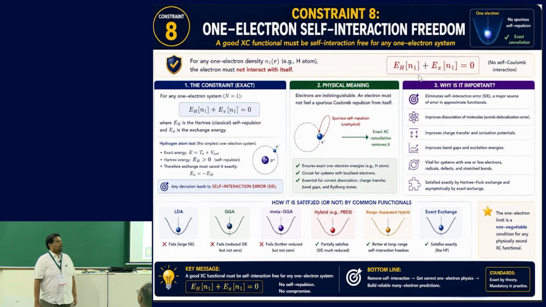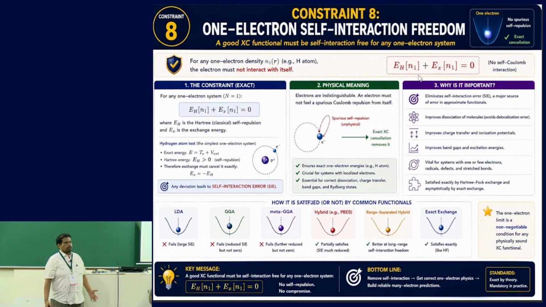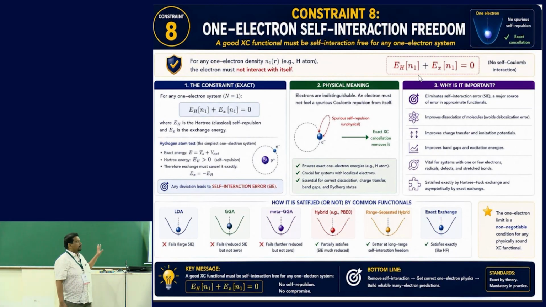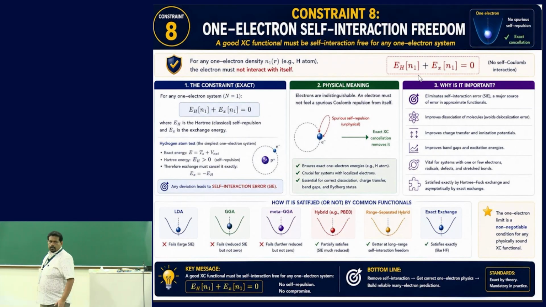But you have to look at whether your functional is behaving properly with respect to all these constraints. You can't simply say that LDA, PBE underestimates band gap, it does overbinding and other things. That is the problem. That's why the SCAN functional came, r2SCAN, all these functionals.